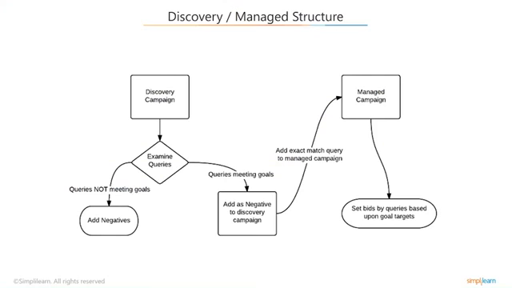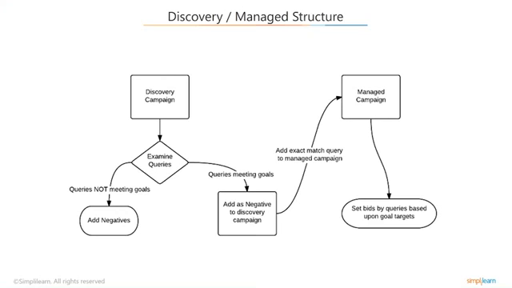You make it a negative exact match in the first campaign. You add it to the second campaign as an exact match keyword, because your second campaign, that managed campaign or that beta campaign, is going to be where your real conversions come from. And so this is a really common workflow in the alpha, beta, or managed discovery workflow.